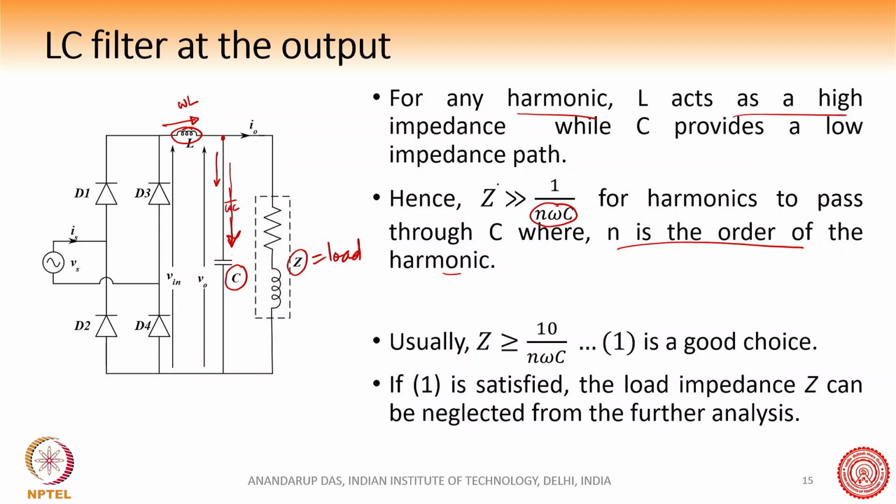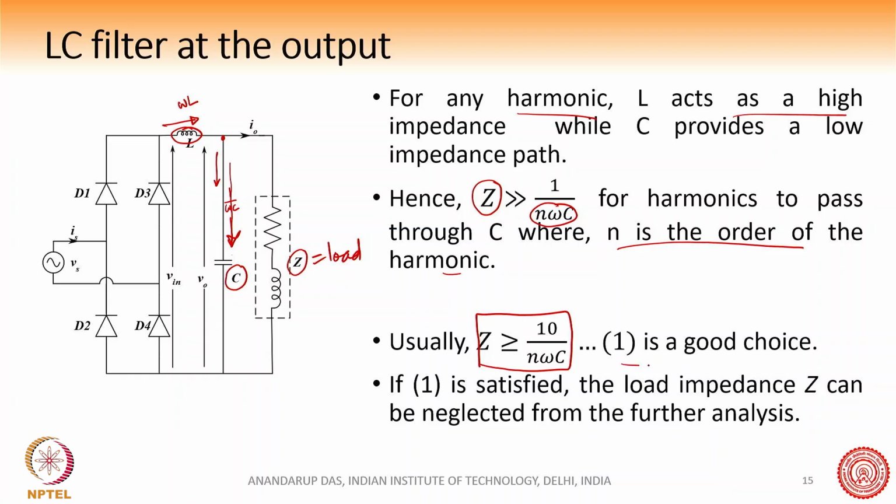So we want the Z of the load to be much greater as compared to the capacitive impedance, for all the harmonics to pass through the capacitor. This is what we want. So we have to design in such a way, and a good choice is that the load impedance Z is more than 10 times the impedance of the capacitor.